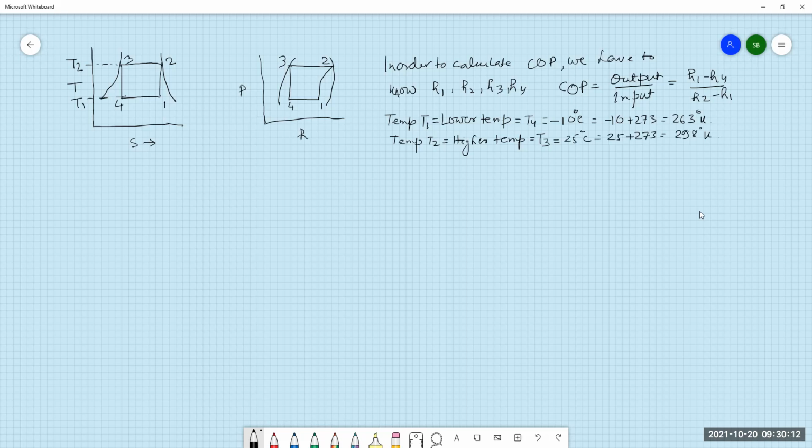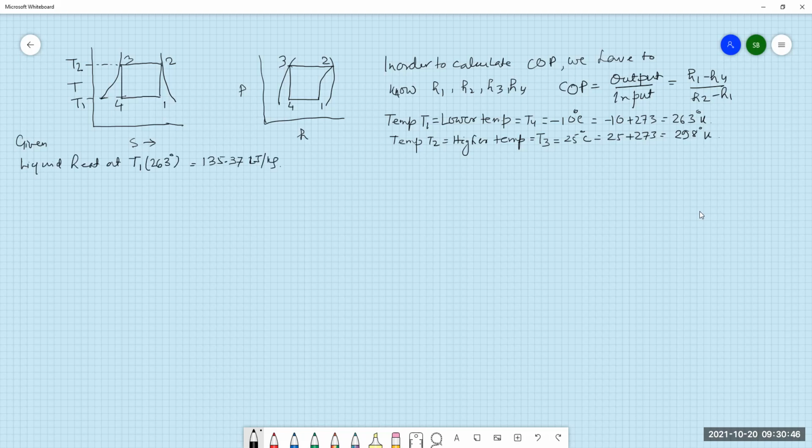The liquid heat at T1, that is the lower temperature, 263 K, is 135.37 kilojoule per kg.